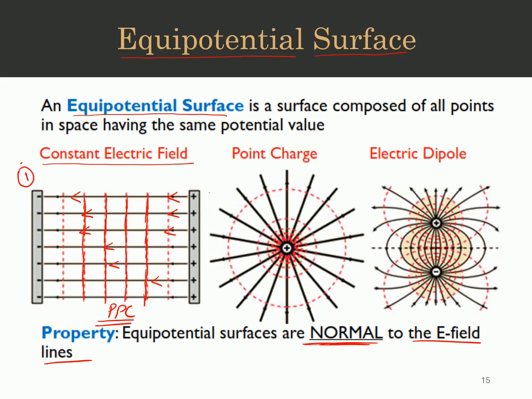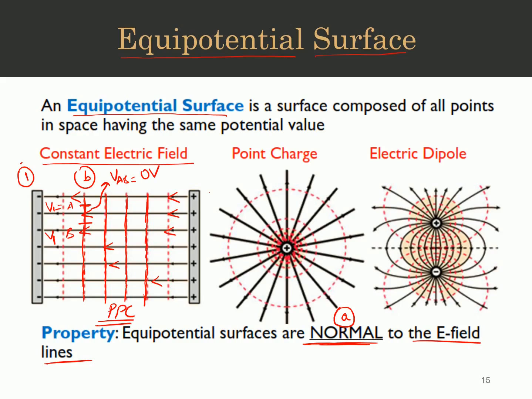Now, how do we define an equipotential surface other than that they are normal to the electric field? Any surface can become an equipotential surface if it is A, normal to the electric field lines, and B, the potential difference on these lines, let's say VAB, is always 0 volts, or they have the same potential at point A and point B. So this could be V1 and this will also be V1.